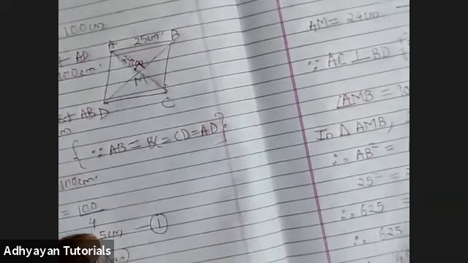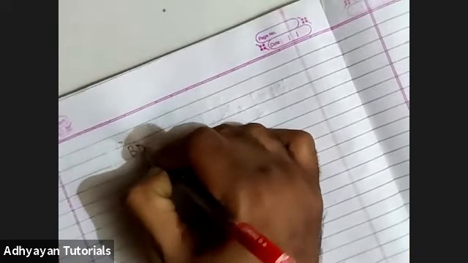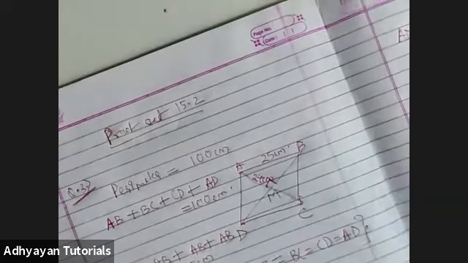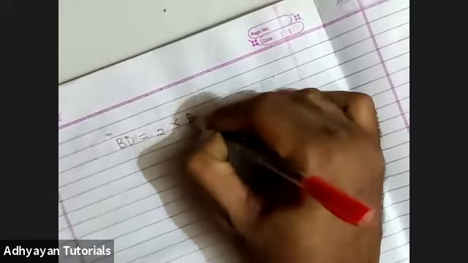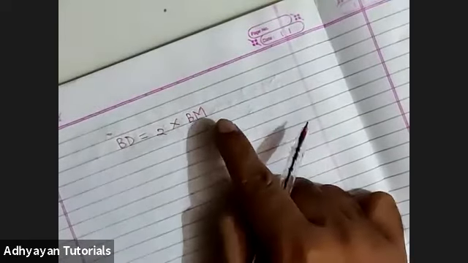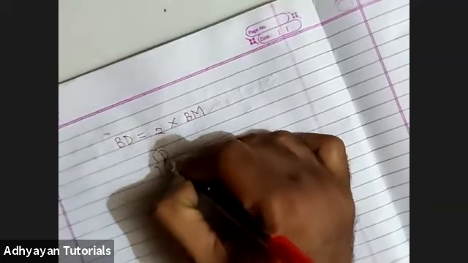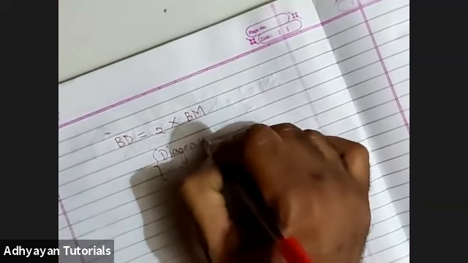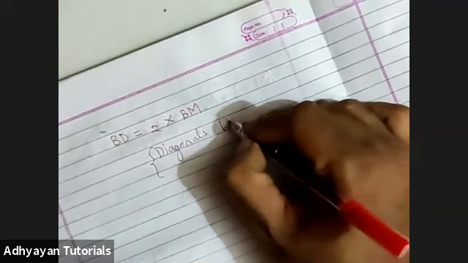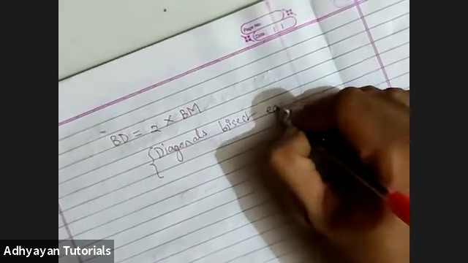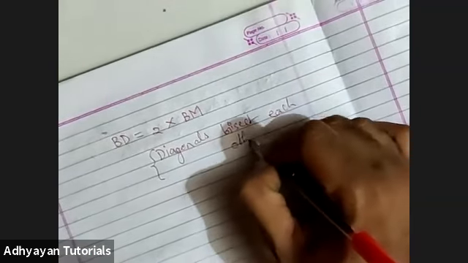So since I've got BM, on the next page I would be writing about BD, right? So I would state that BD is nothing but double, that is two times BM, right? And the reason for this statement has to be diagonals bisect each other.